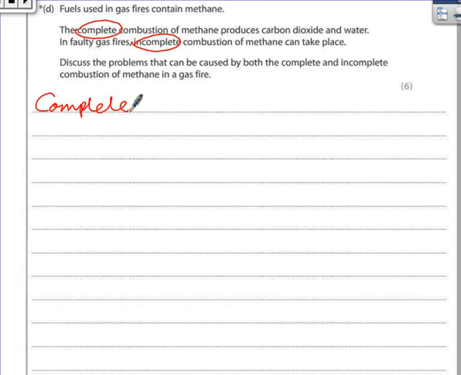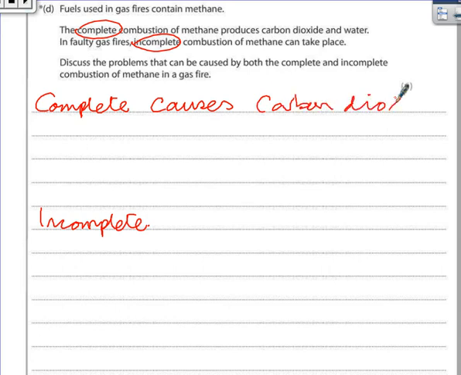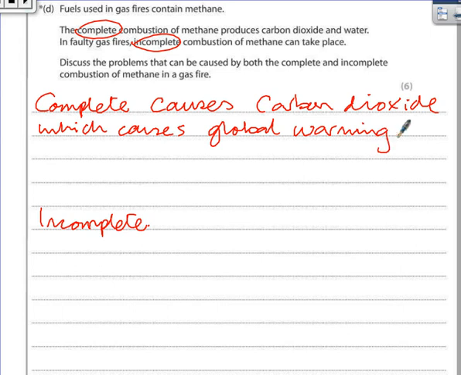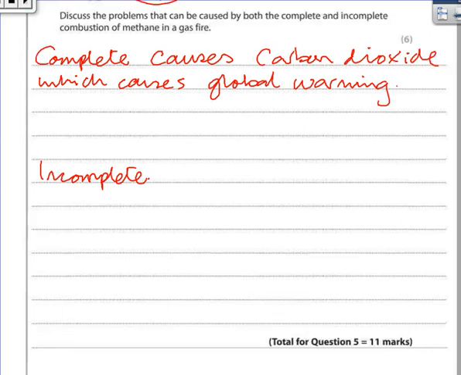Complete combustion gives off carbon dioxide, which causes global warming.